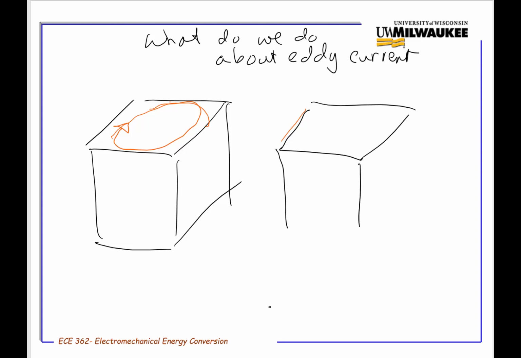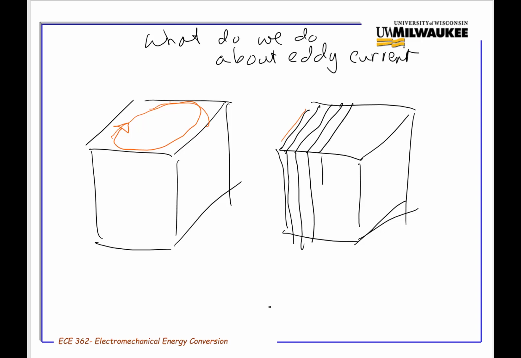So if I were to take the iron material that I'm showing right here and slice it and then put it back together again like this, then I would create little eddy current paths flowing in these slices, and it would reduce the eddy current.